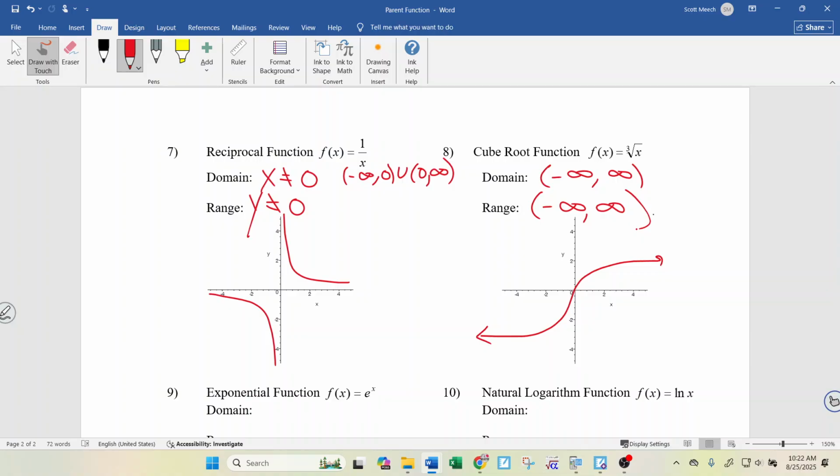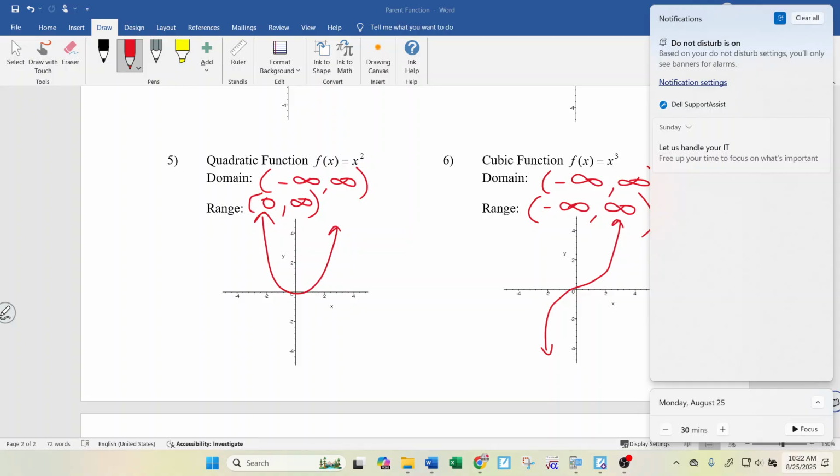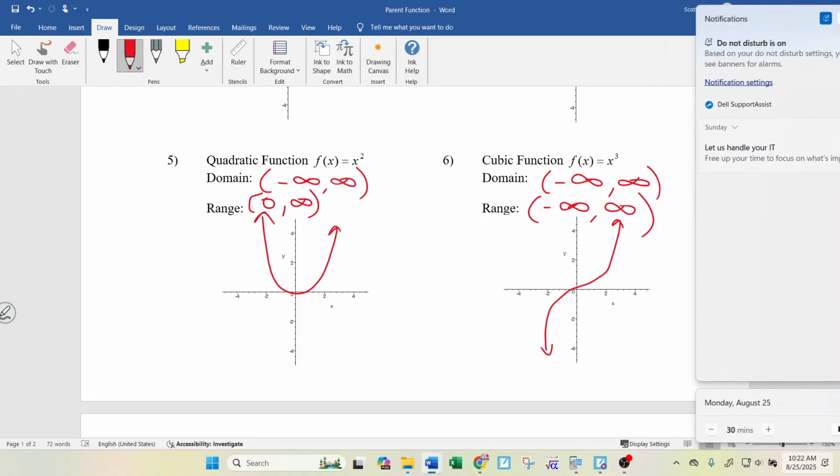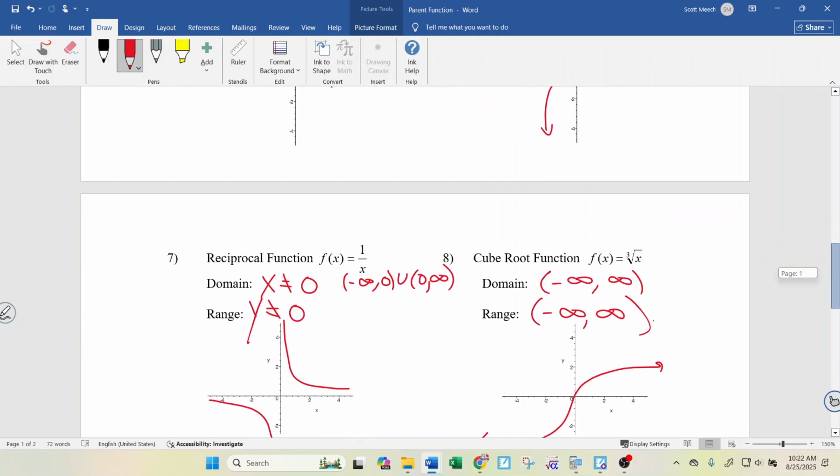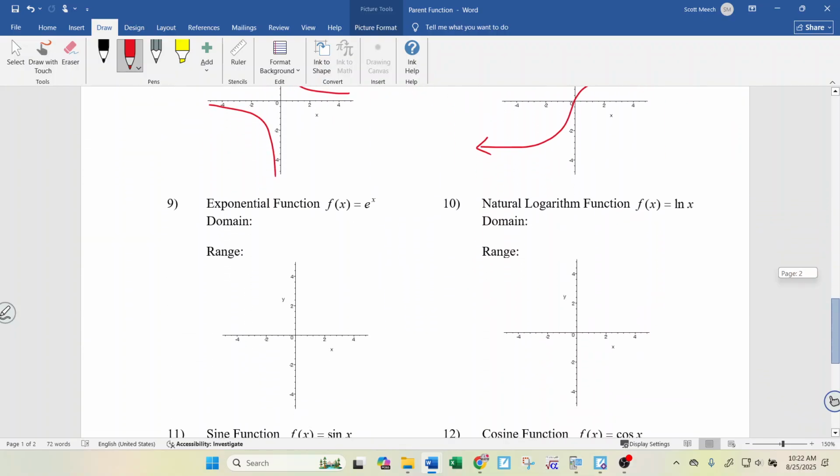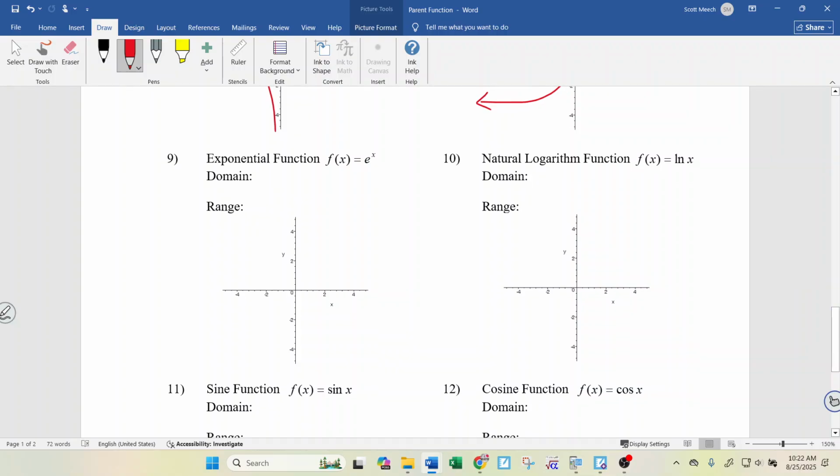Do you remember e to the x? The thing on e to the x is it goes through 1, but it goes like this.